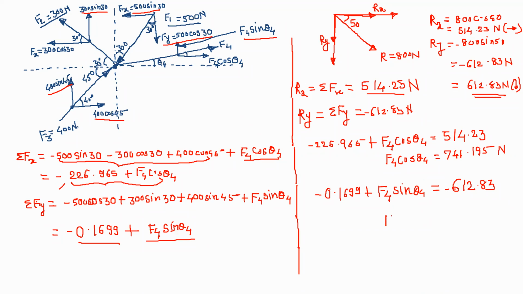And F4 sine theta 4. So this is minus, and shift this term on the right hand side, so it will become positive. So this is equal to minus 612.66 Newton.